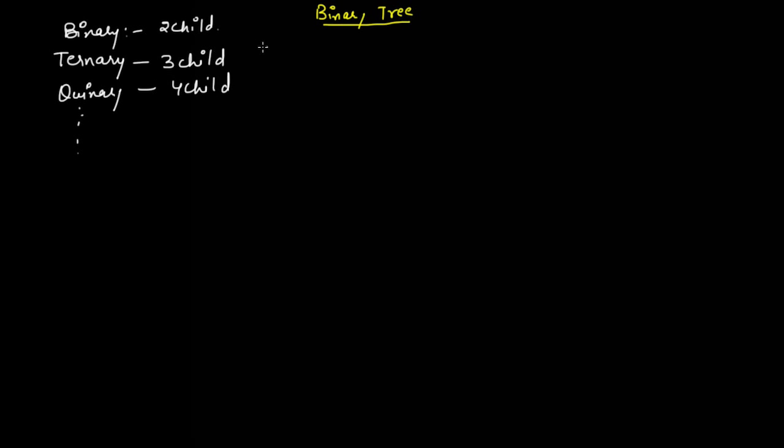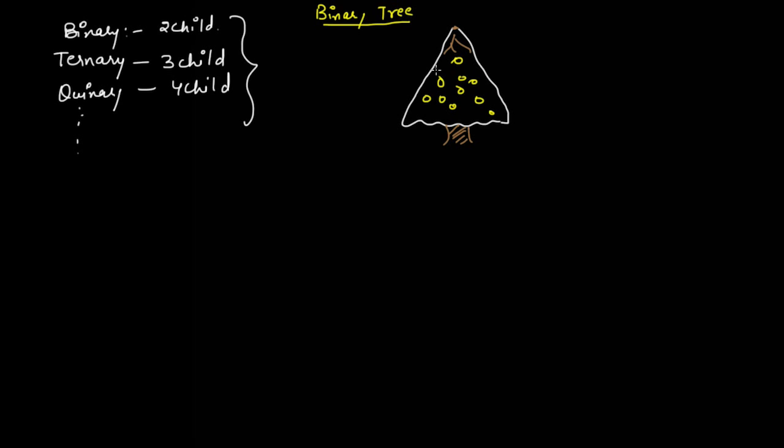In the case of binary trees, whenever we talk about trees, how does a tree look? A tree looks something like this. This may actually be a Christmas tree. I'm not very good at drawing this. The tree starts from this direction, and it has multiple branches like this.